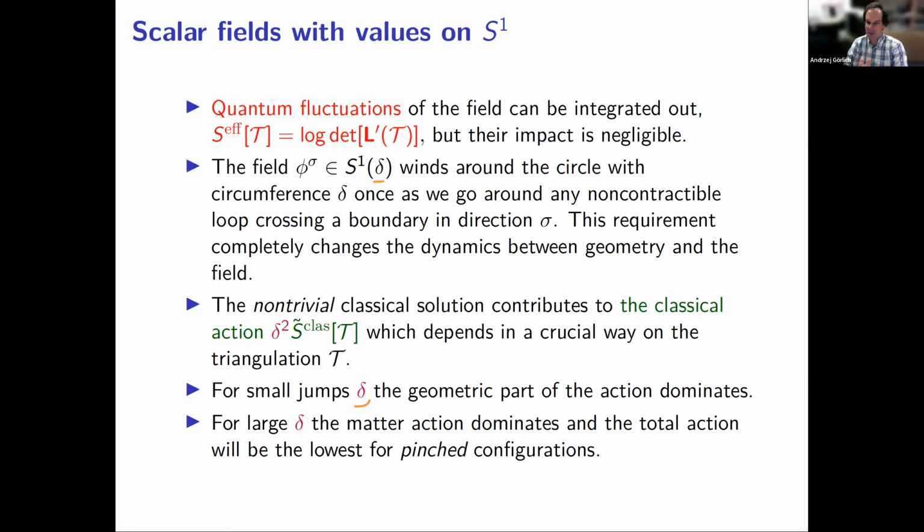But for large delta, the matter action may dominate in the total action, and triangulations or geometries for which this classical action is smallest can dominate the path integral. And as we'll see, pinched configurations are those which are preferred by this action, and they will appear more often, or they will dominate the path integral for large values of delta.